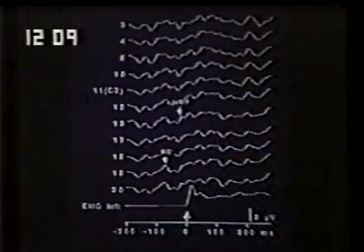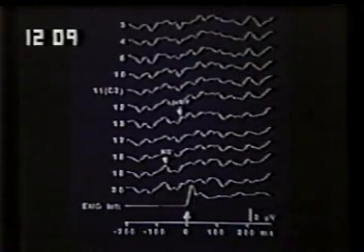Now here is a recording of a movement-related cortical potential in an interesting patient with a pansensory peripheral neuropathy. This is a very debilitating disorder, relatively rare, but comes up from time to time, in which patients get primarily sensory disturbances, sensory neuropathy, with very little involvement of the motor system.